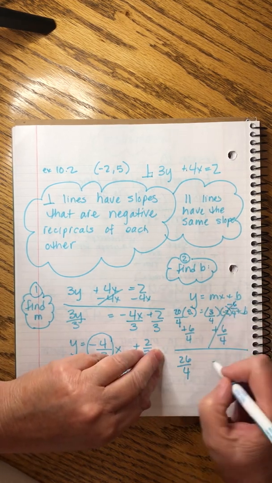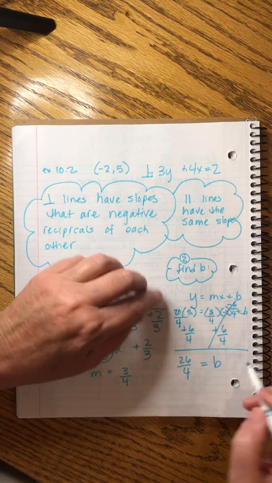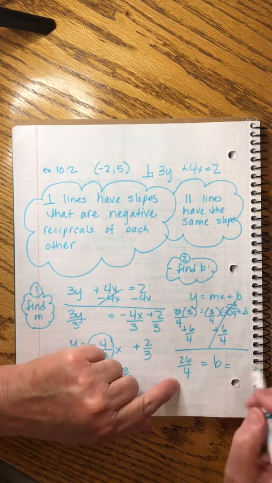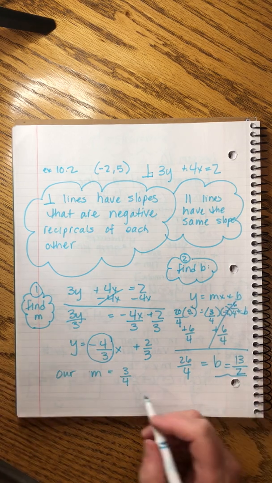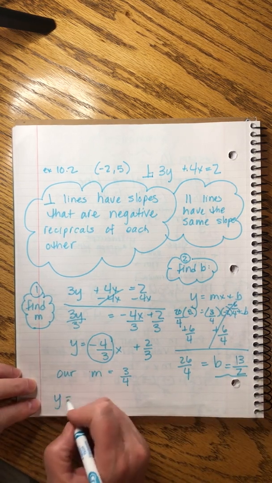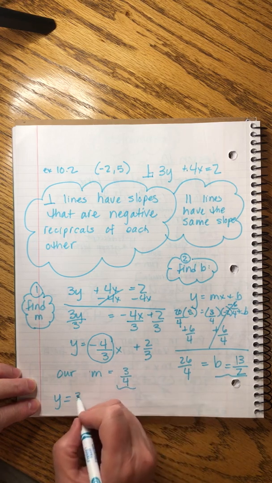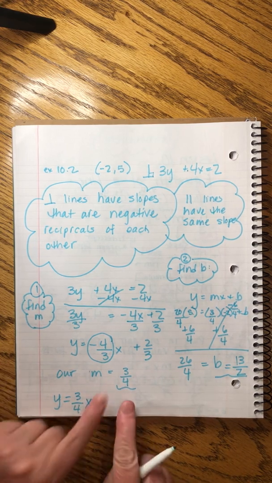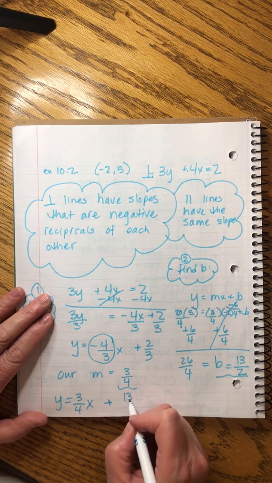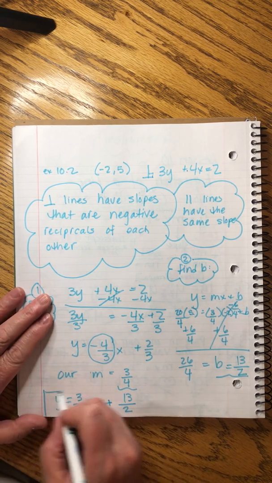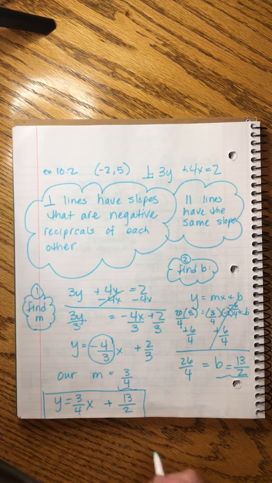That all cancels, equals b. I can reduce that. I can divide top and bottom by 2. It's 13 over 2. So my final answer is y equals 3/4 x, because that's our m, plus 13 over 2. That's the equation of the line that meets those conditions.